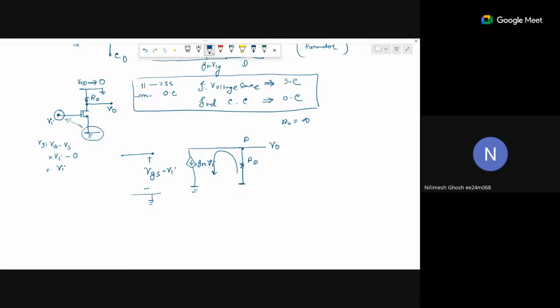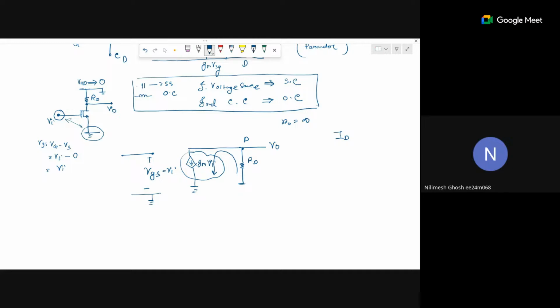This is a dependent current source, with value gm Vi.